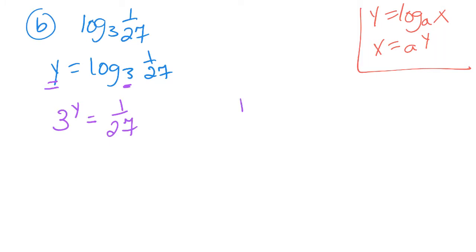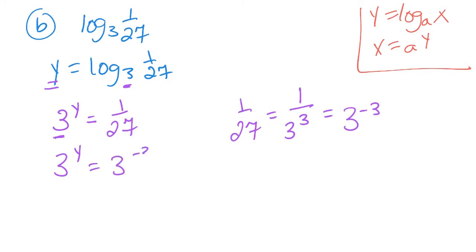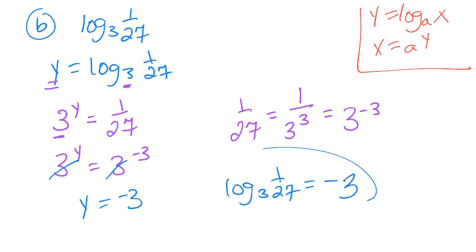Ooh, 1 over 27, we can rewrite this as 1 over 3 cubed, but that still doesn't look like 3 to a power, which is what we had over here. However, remember our negative exponent rule, so that 1 over 3 cubed is the same thing as 3 to the negative 3. So, bring it back over here, we have 3 to the y equals 3 to the negative 3. We don't need those 3's. Y equals negative 3. So log base 3 of 1 over 27 equals negative 3.